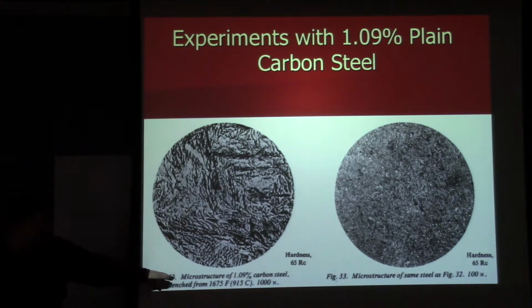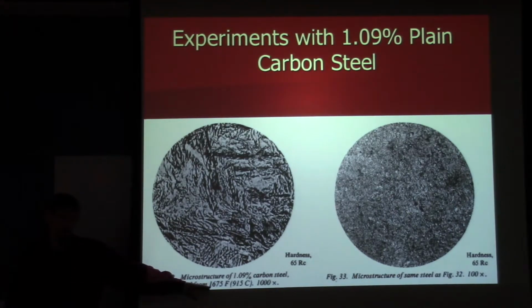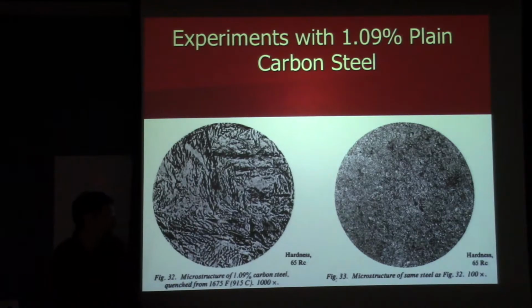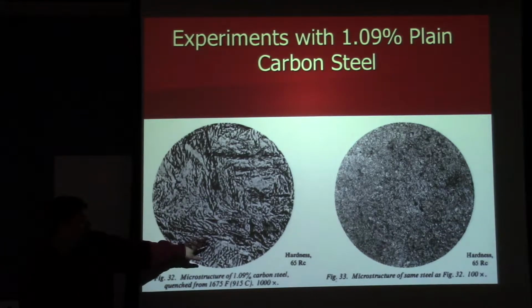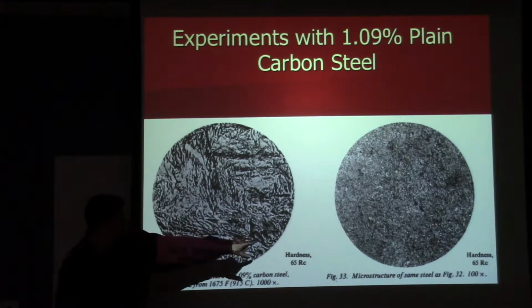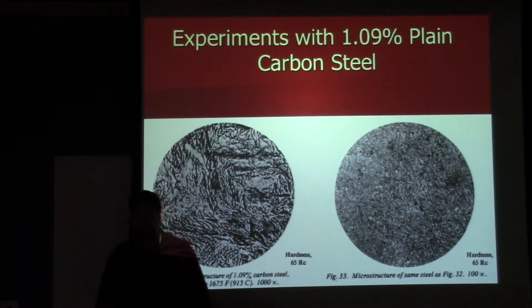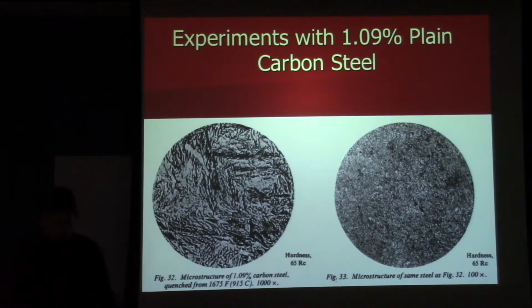Remember, the first time that he did this with the 0.43 material, he heated to 1450 and was able to get Rockwell 60. Here he's at 1675, so 225 degrees hotter. He's gained 5 Rockwell points on that. This is at 1000x. We have 100x, the same structure at 100x. This is a completely different looking structure than anything that we've seen so far.